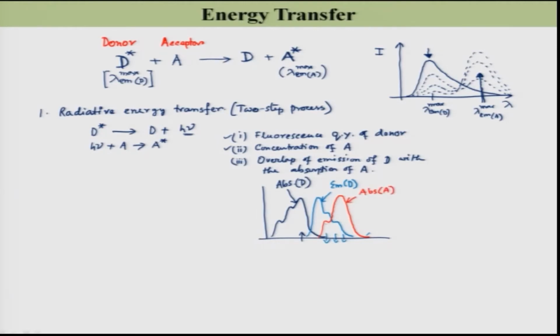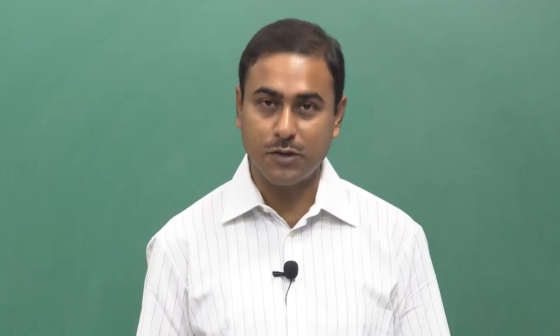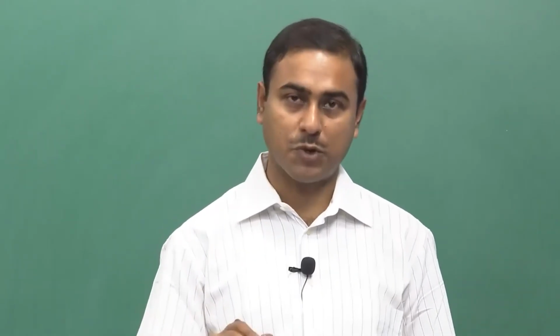In this case, you can see that for the photons emitted at these wavelengths, starting from here to here, the absorption of this A is actually matching. There is a certain probability that these photons will be absorbed. Obviously, the absorption cross section at the different wavelengths will be different, so the probability of absorption of the different h nu will be different, but there is some probability of absorption.